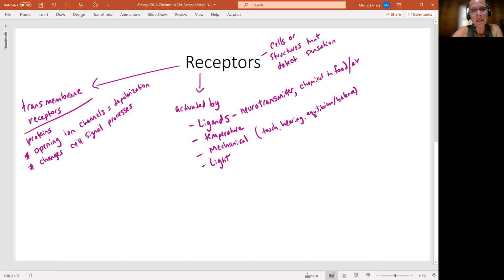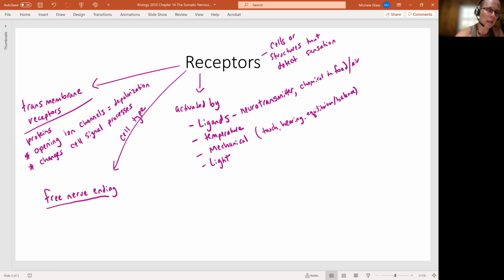When we talk about these receptors, we see that they can be classified based on cell type. So we have what are described as free nerve endings. We have what's called an encapsulated ending.